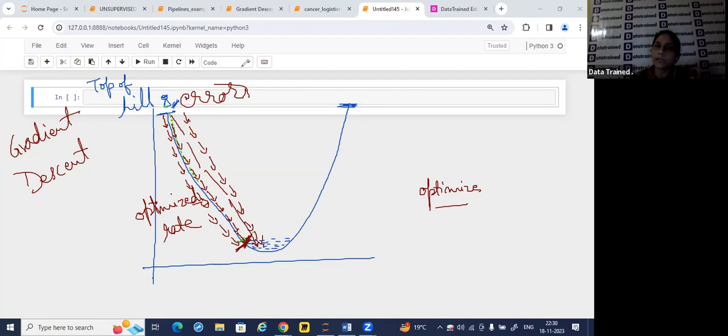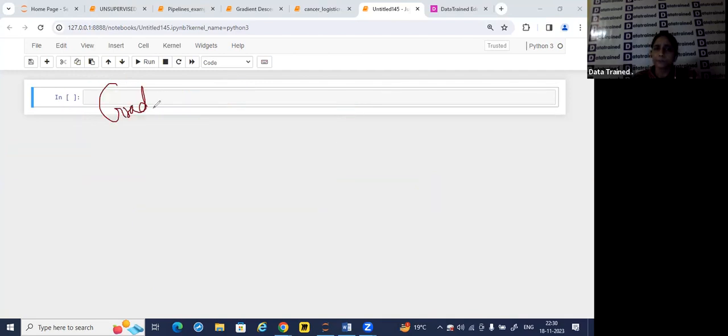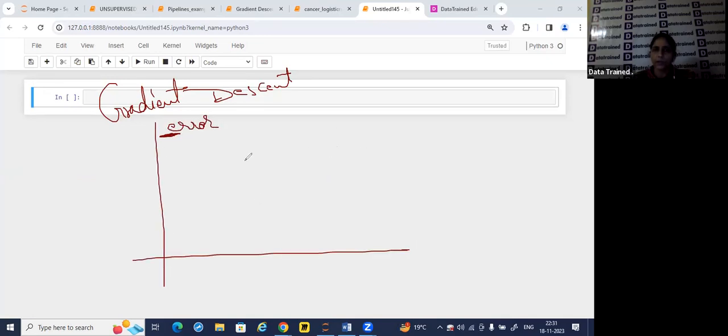Okay, so remember, this is gradient descent. In gradient descent, my errors are here. In gradient descent, errors try to minimize.